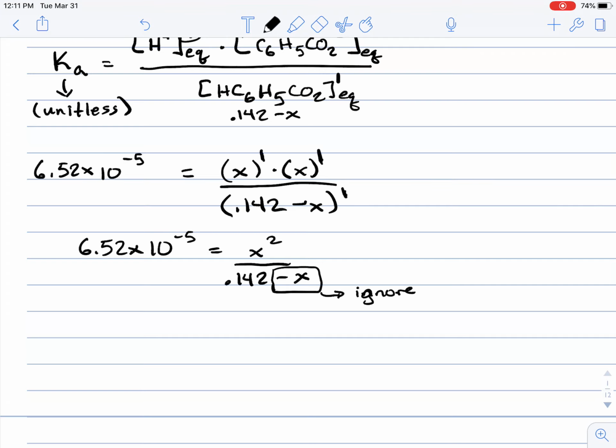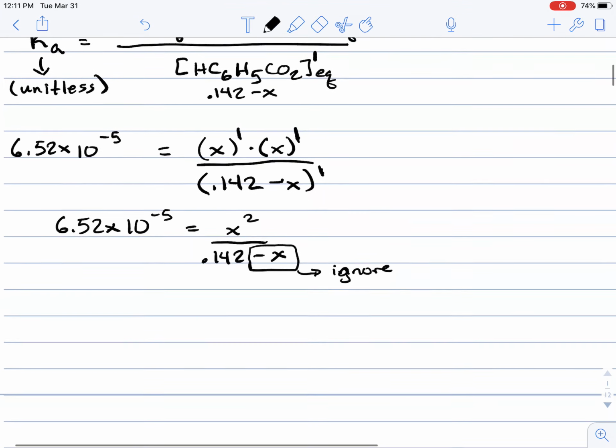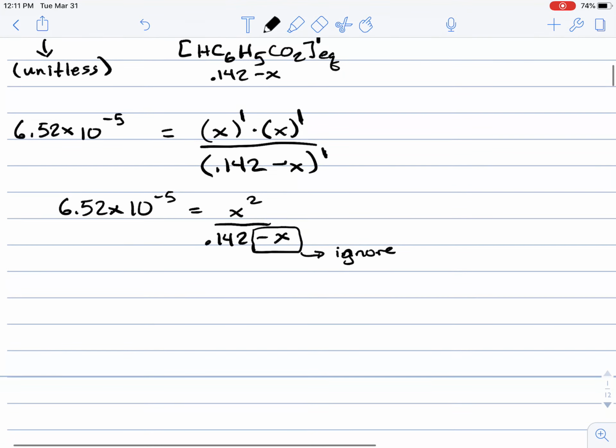Remember that x is representative of the change. If this x, this change, is significant with respect to the initial concentration, then that means we must keep that x there.